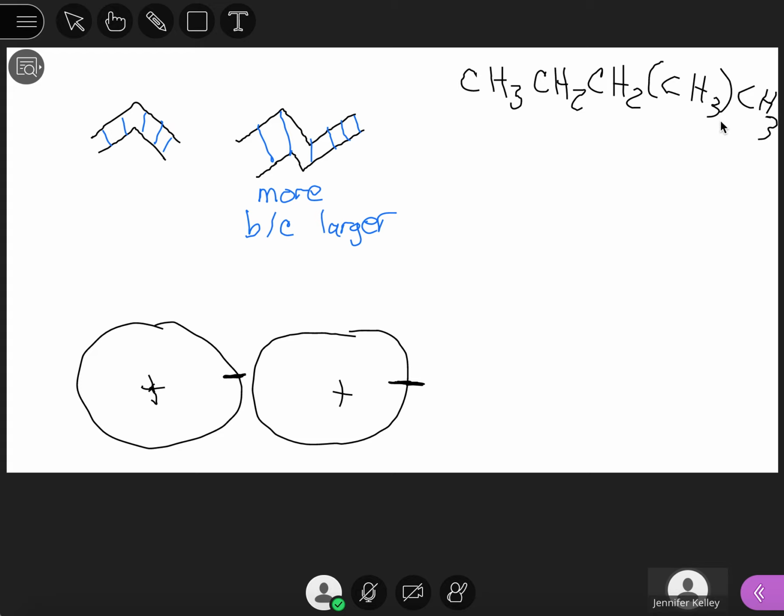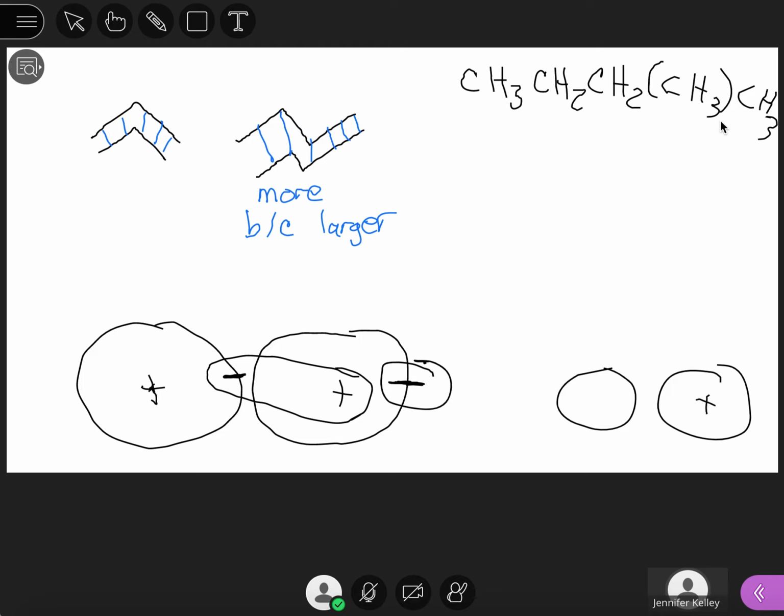So temporarily, that's going to be attracted to it. Now, in a moment or two, this one will change places, and so it'll look more like this. And then this one will be attracted to that. So it goes back and forth, which is why they call it a temporary dipole.